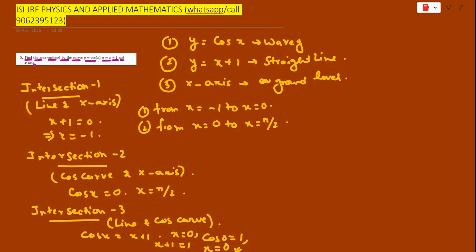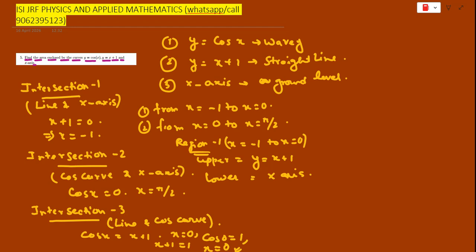Right? Now ISI loves this trick: change of the upper function inside the interval. Now for region 1, x equal to minus 1 to x equal to 0, the upper curve is y equal to x plus 1, and the lower curve is the x-axis.